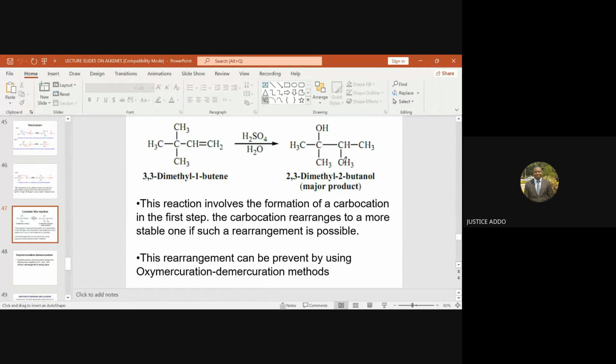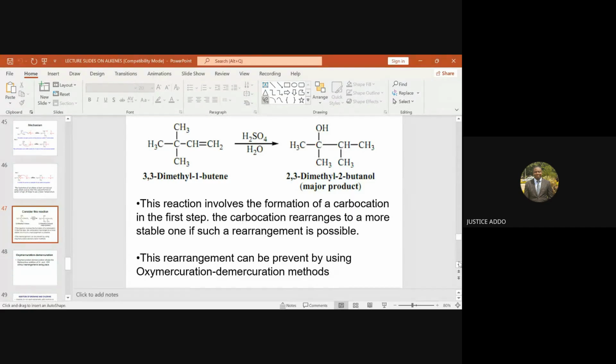In that case, the secondary carbocation that you initially form will give you a good yield of what? An alcohol. The water will react, and then you form an alcohol, and that will be 3,3-dimethyl-2-butanol.